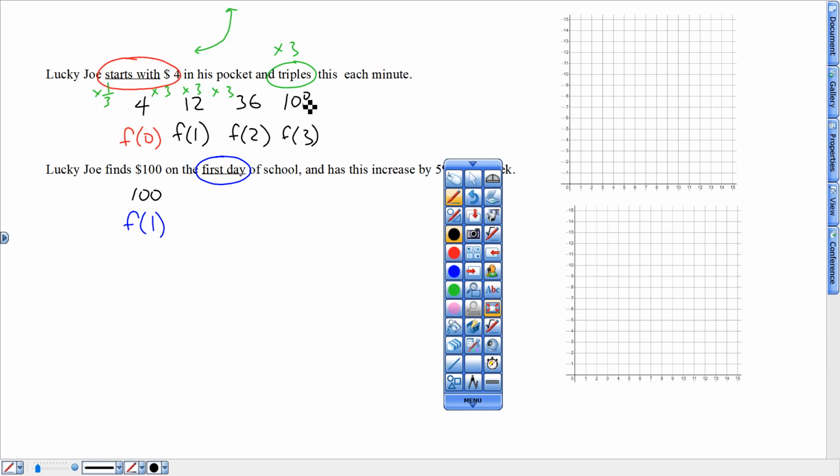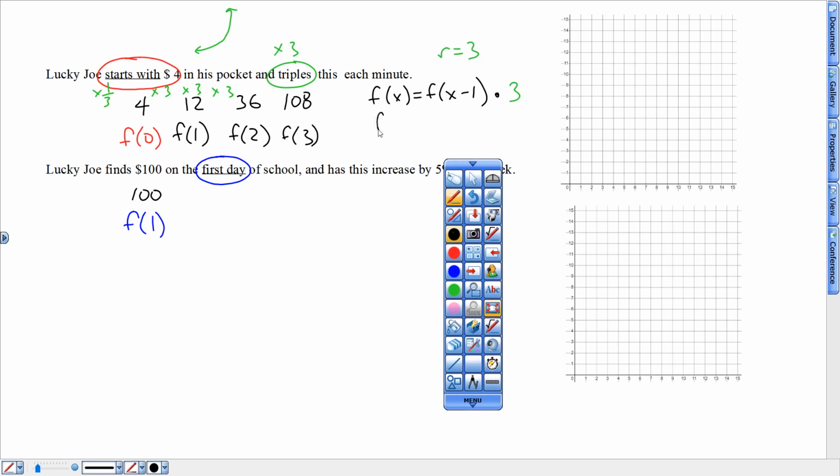And then at that point, I have everything I need to write all my forms. I could write my recursive form, f of x equals f of x minus 1 times that r number, I'm sorry, that r number. That is your common ratio. That's your r number, common ratio.